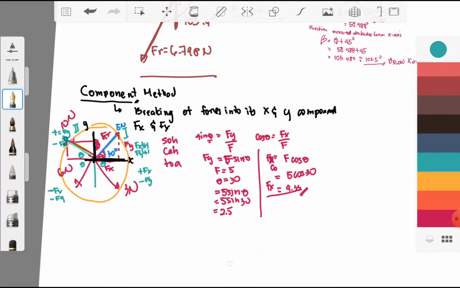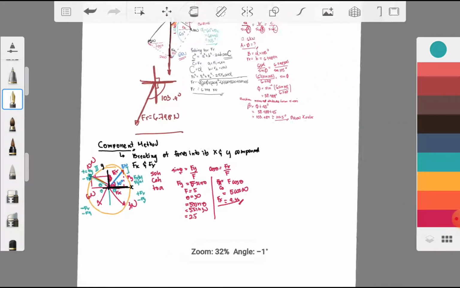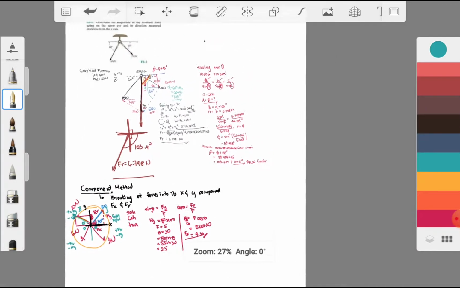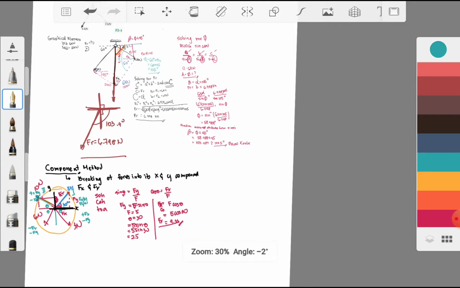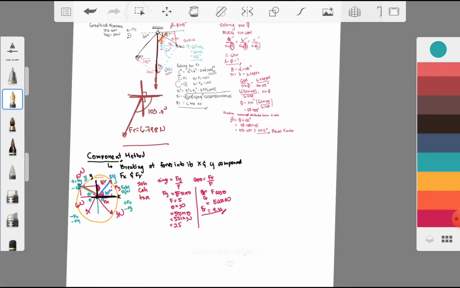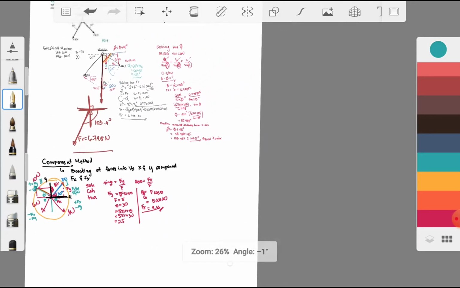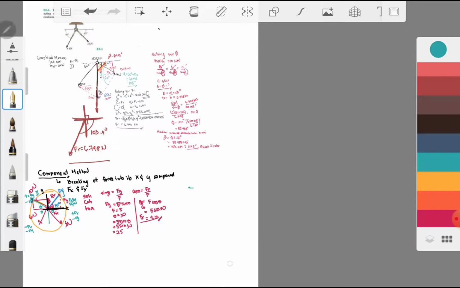So, solving for our last example using this component method, let's say that we have our 6 kilonewton at 60 degrees. This is your 6 kilonewton at an angle of 60 degrees with the horizontal.